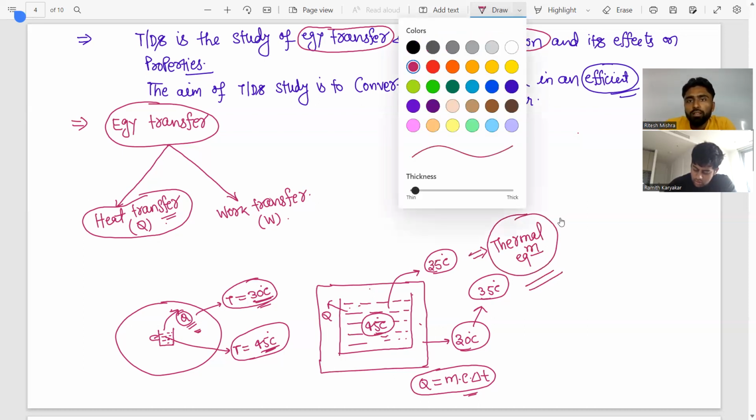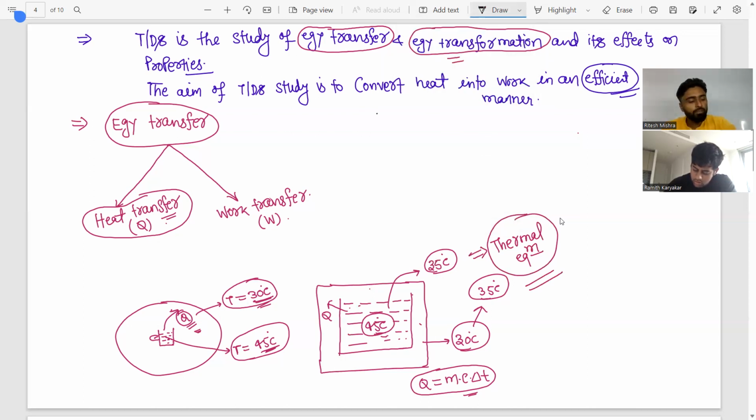Now let's move to the first example. In this example, as you see, the size of the cup is very small compared to the room. So here also heat transfer occurs, but the temperature of the room, that is 30 degrees Celsius, will not change.